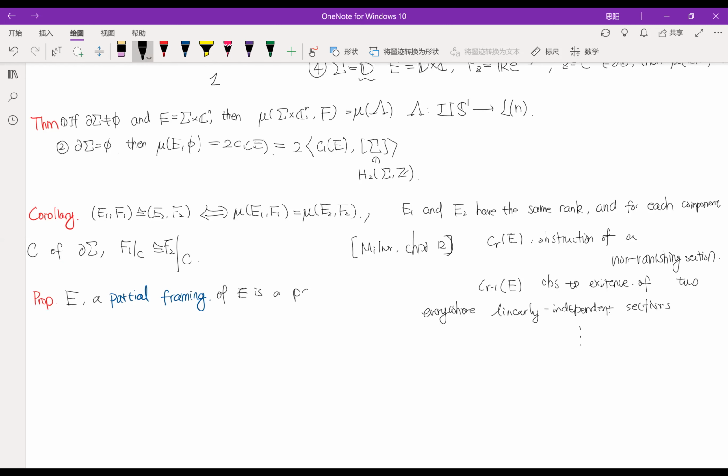It's a pair where we have a line bundle L and n-1 global sections S1 to S_{n-1}, nowhere vanishing sections of F, and L a sub line bundle, such that F is equal to L direct sum with all the S_i.